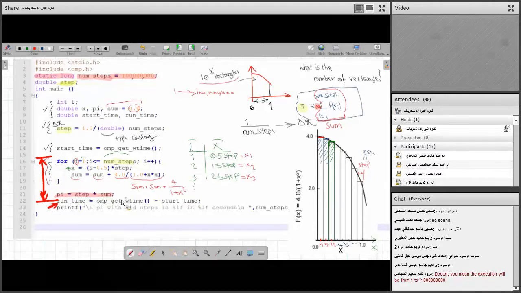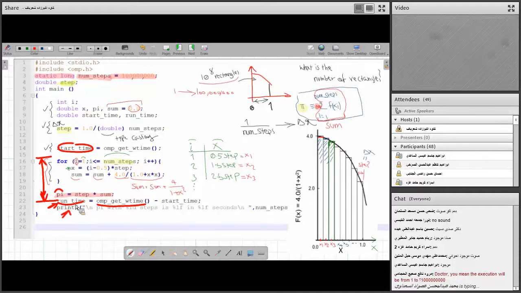To compute the runtime, our program started up here and finished here. To calculate the runtime, it is enough to get the current time and subtract the start time from it. Now we have pi number and the runtime.